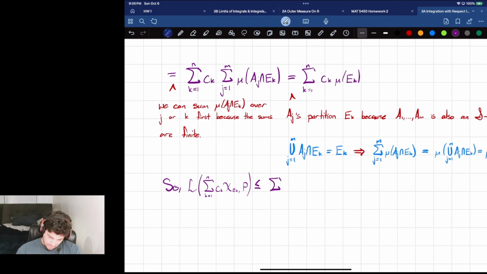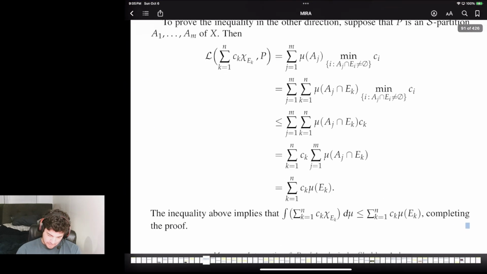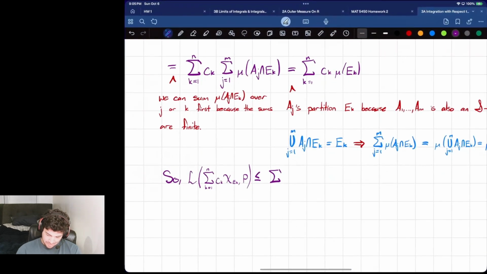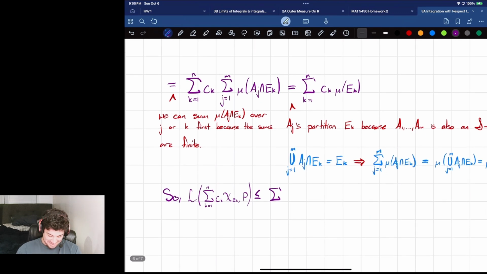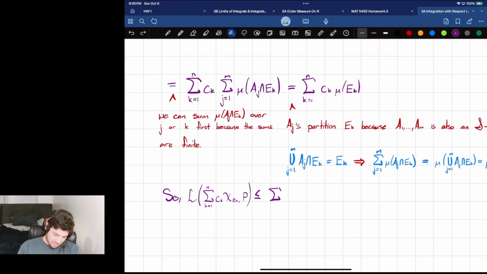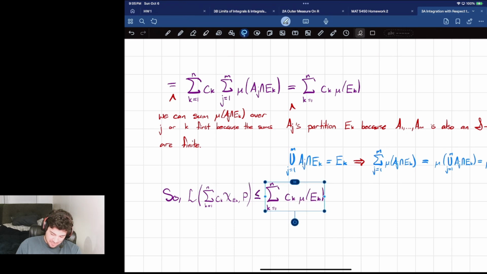Did I get the index wrong? It's k to n. What did I do here? It's k to n. Yeah, it's fine. Okay, phew. I thought I got the index wrong for a second. Okay, just copy and paste so I don't have to.